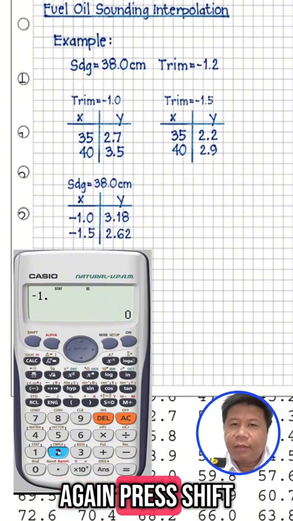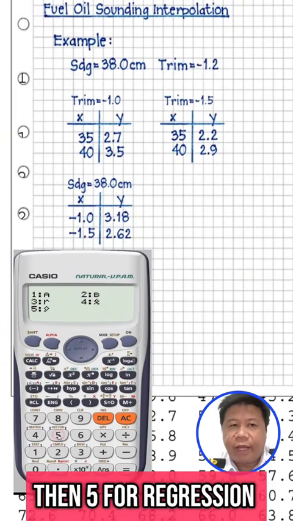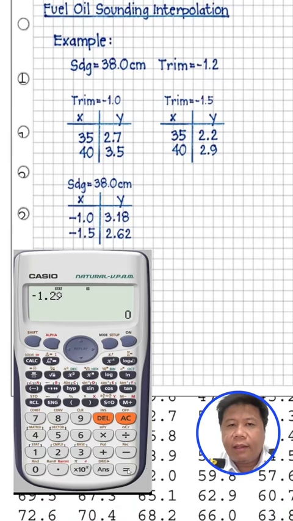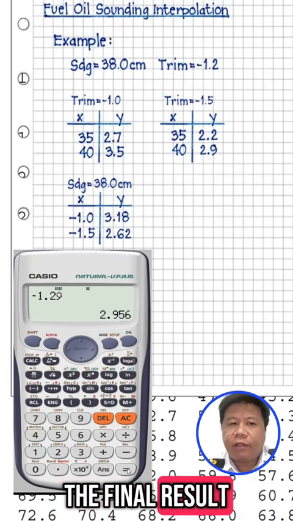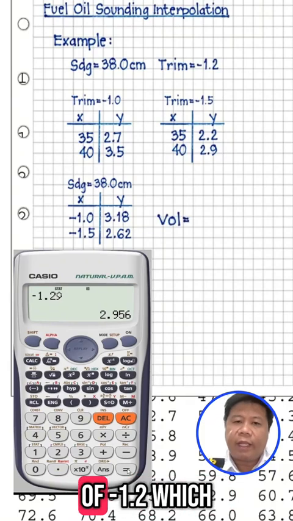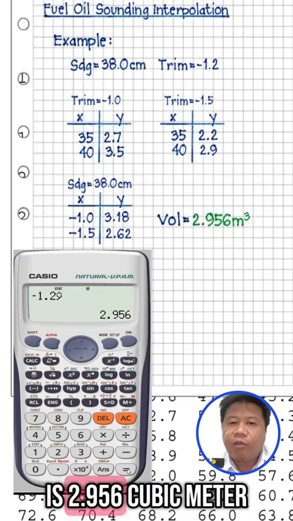Again, press Shift 1, then 5 for regression, followed by 5 again for Y hat, and press equals. This gives us the final result for the volume at a sounding of 38 cm and a trim of negative 1.2, which is 2.956 cubic meters.